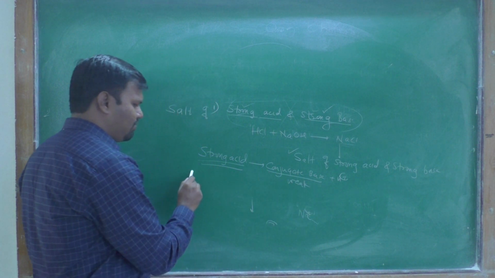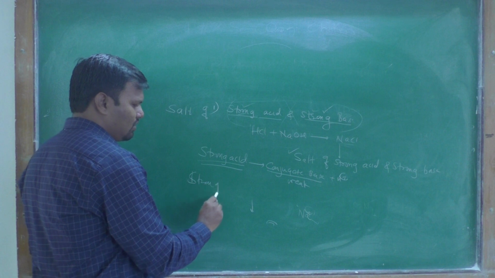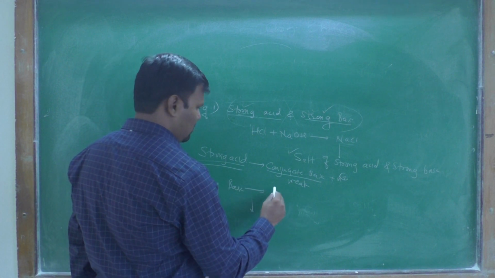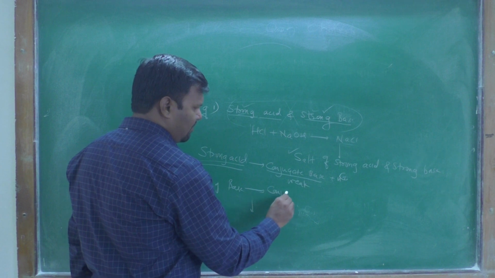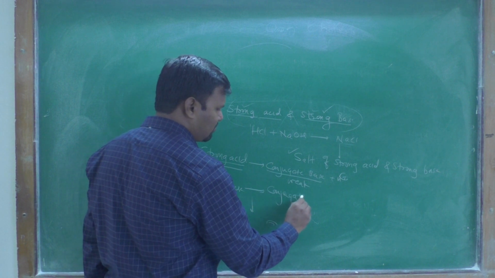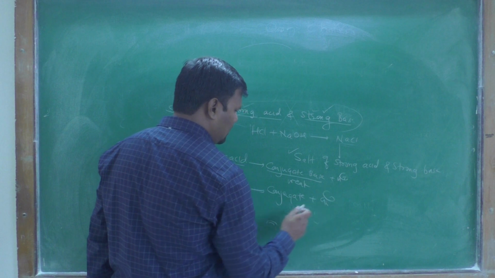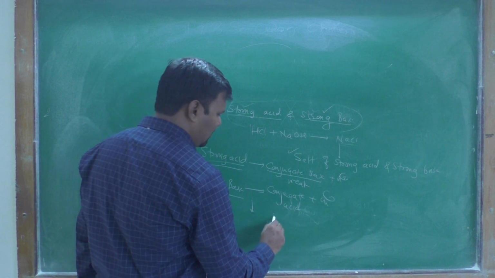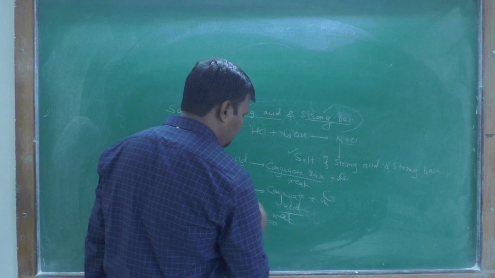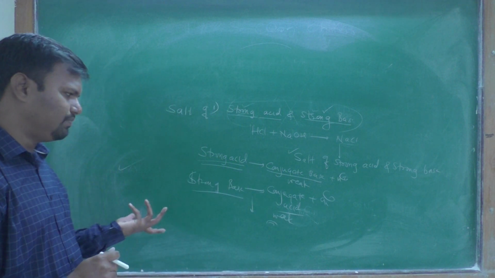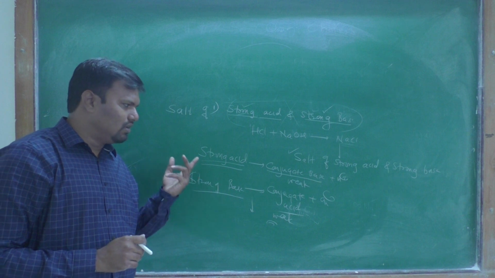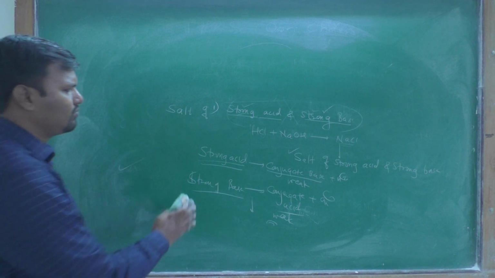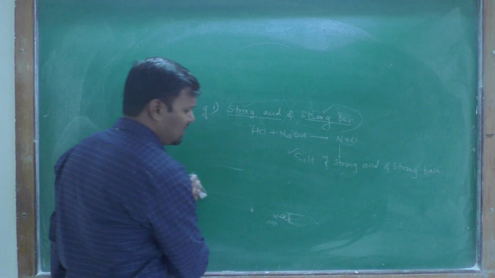If you have a strong base, after losing the OH minus it gives the conjugate acid, and the conjugate acid of a strong base will be weak. Okay, therefore you have to remember this relationship for studying strong acid and strong base.